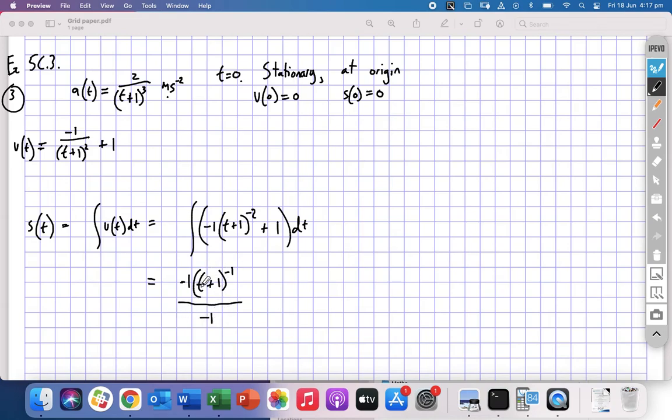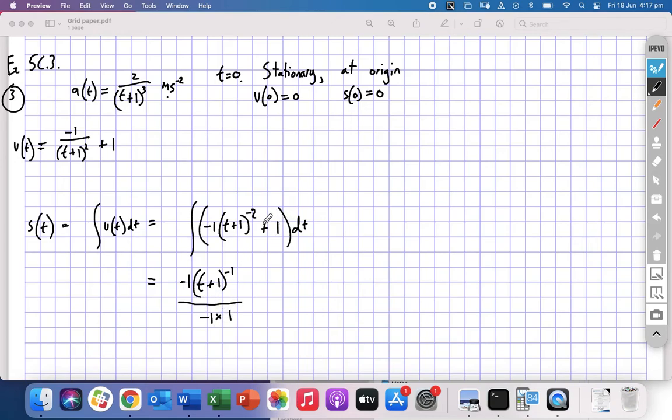Then we look inside, like before. The derivative of t is 1, but we're not finding a derivative, we're integrating, so we're going to divide by 1 instead of multiply, so this is times 1, which is just 1.